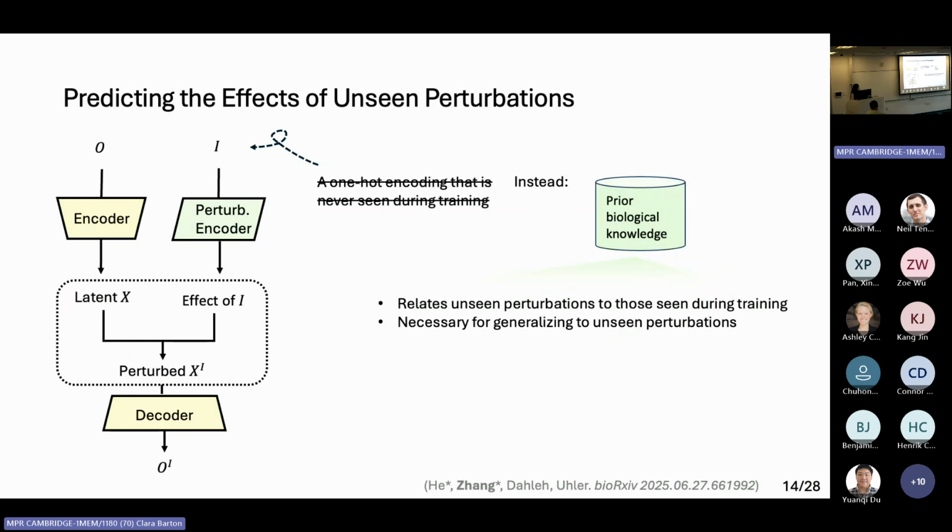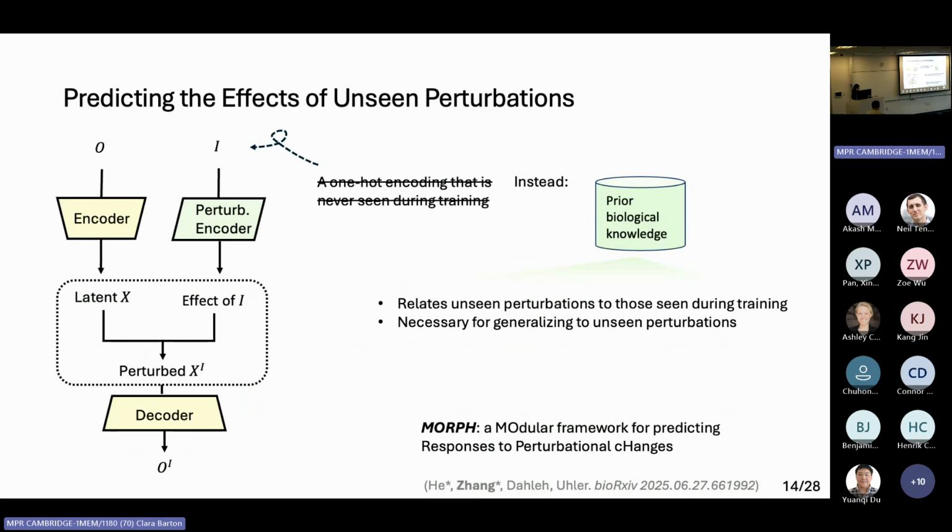Once you have this reasonable embedding for the unseen perturbation, you can then try to generalize to its effect. So we call this whole thing a modular framework for predicting responses to perturbational changes, because you can use any prior knowledge base here, and then you can swap out the encoder, decoder, or whatever you like.